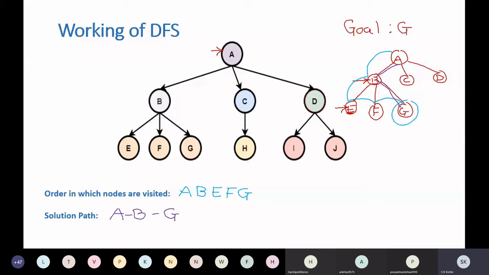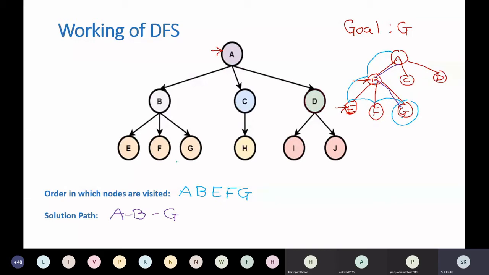Why should you go from A to B to E, F and G? No, this is the order that your algorithm will check, but as a solution the algorithm will return that from A you go to B and from B there is a path to G. So why not take this path?